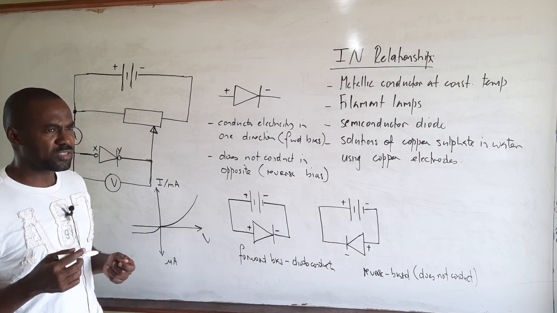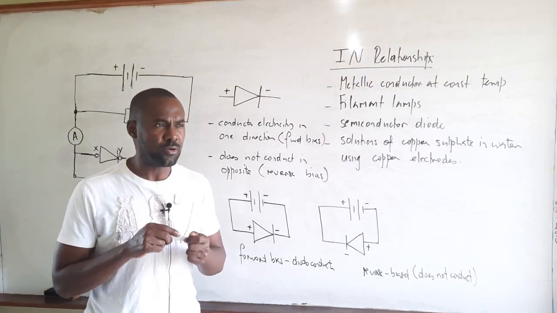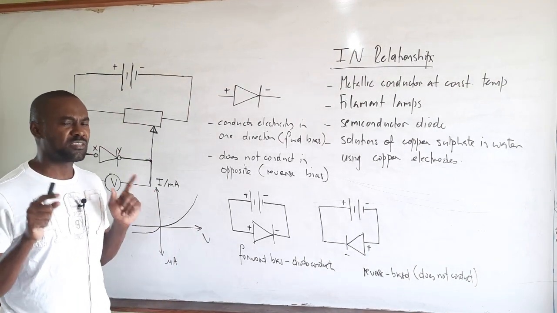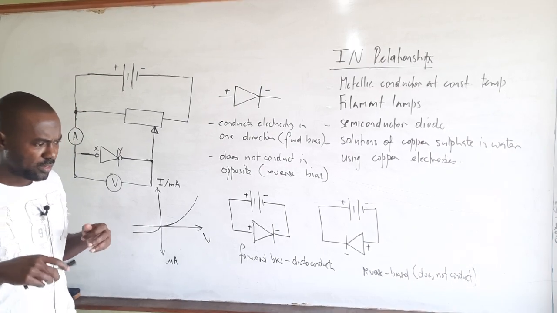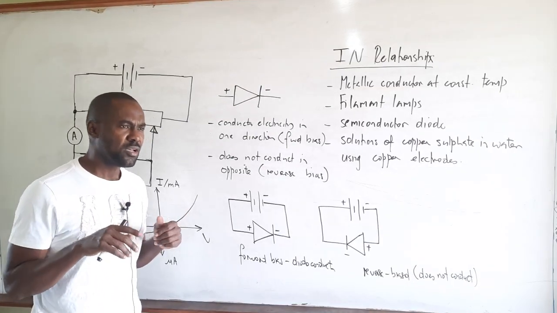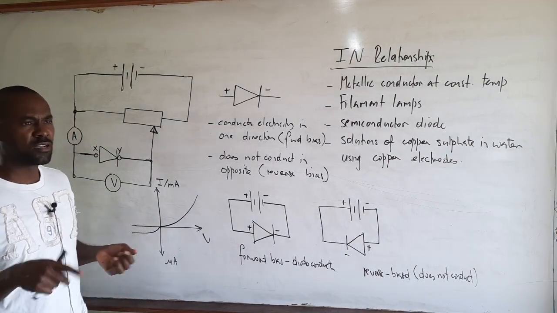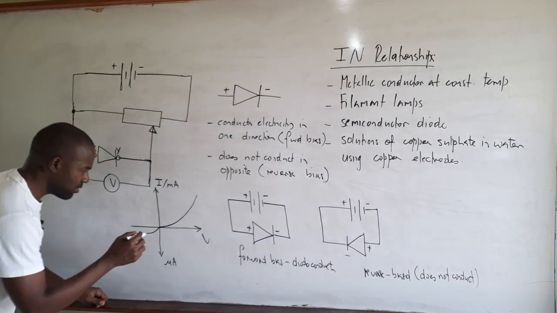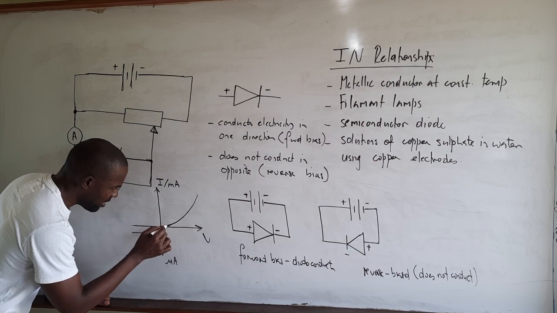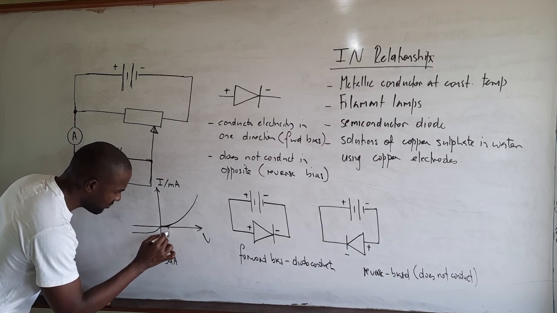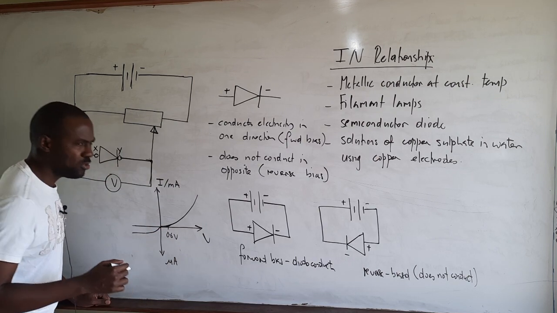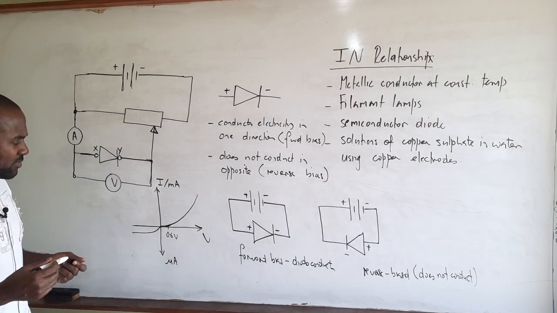Now, what we must also understand about a semiconductor diode is that it only conducts when it is forward biased. However, there is a small voltage which the diode needs to surpass in order to conduct, right? Depending on the particular type of diode, it may be about 0.6 volts for most, so it usually ranges from about 0.3 to 0.6 volts.